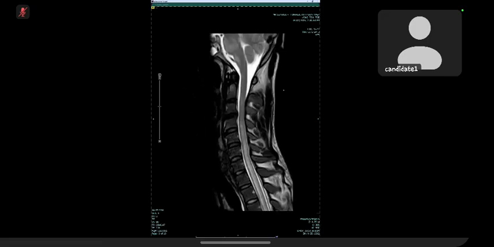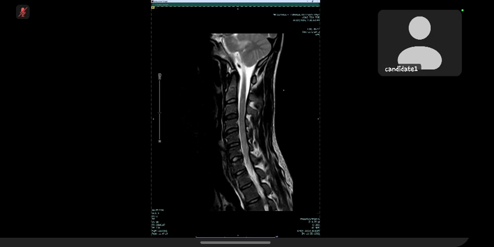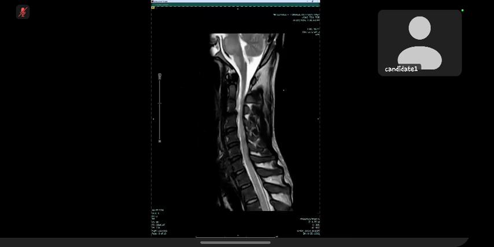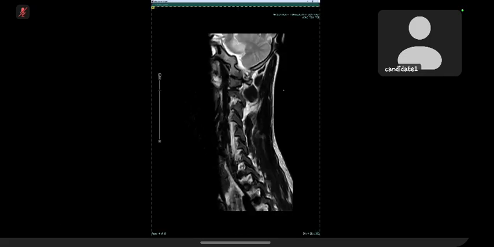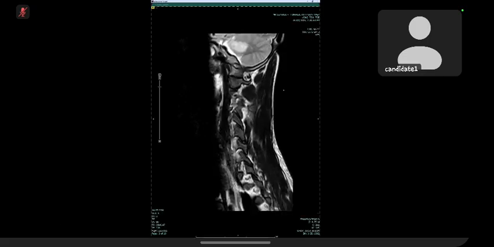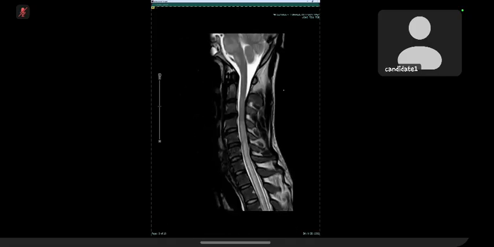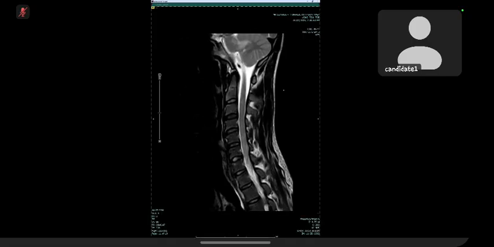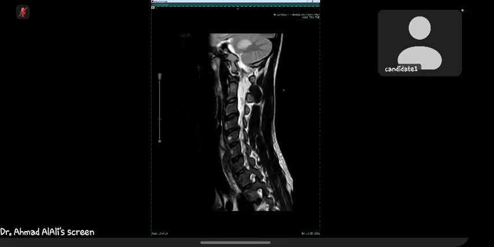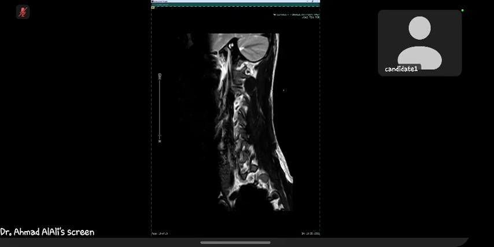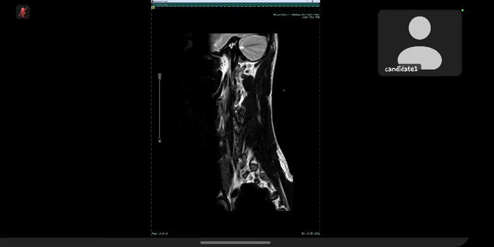Distal extension I cannot see. There is mild expansion of the cord as well. Apart from this, there are some lesions within the pons and medulla as well as in the cerebellum. For further characterization of the lesions, I need a whole spine MRI and the MRI brain as well.